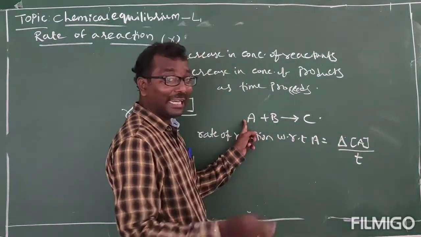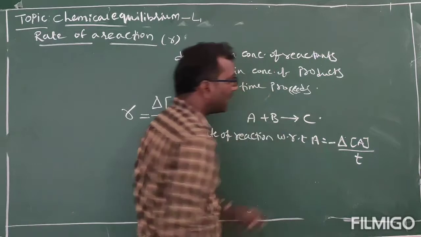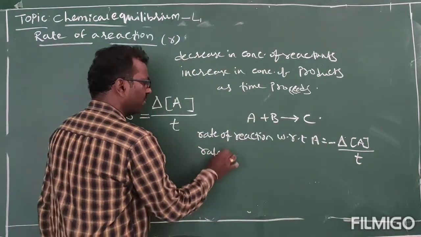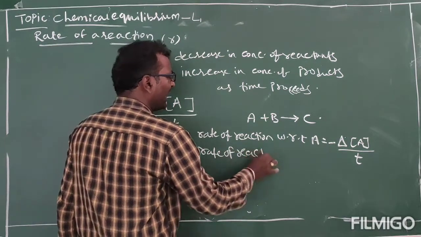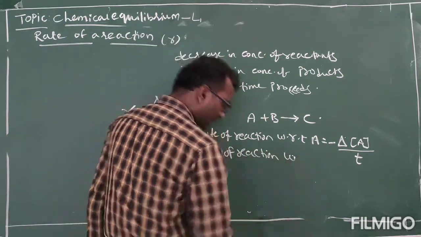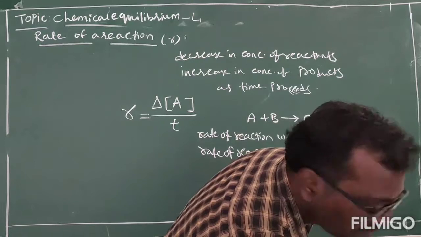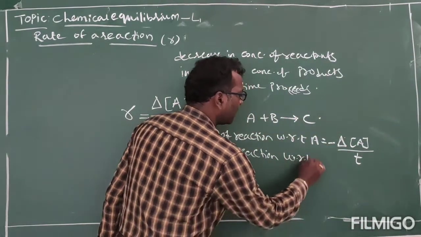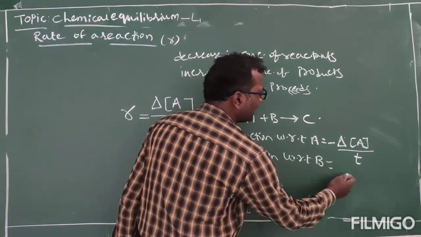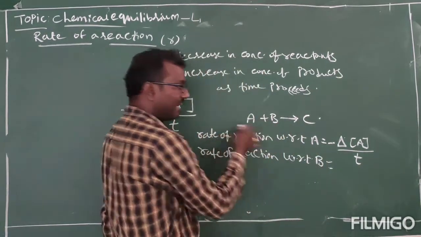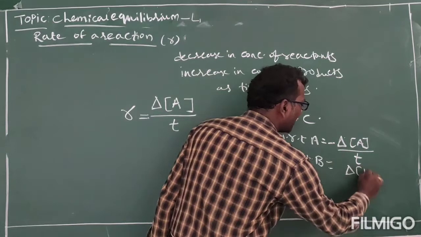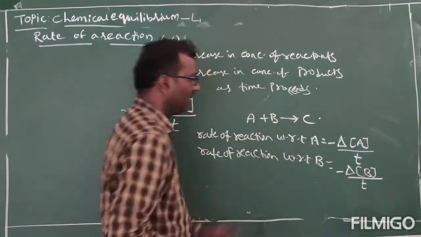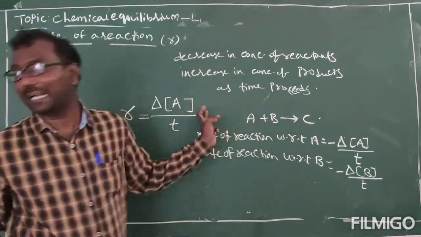It is decreasing. Why? It is on the reactant side, so minus. At the same time, rate of reaction with respect to B is also reactant side only, so change in concentration of B by time, minus. Why? It is reactant side only.